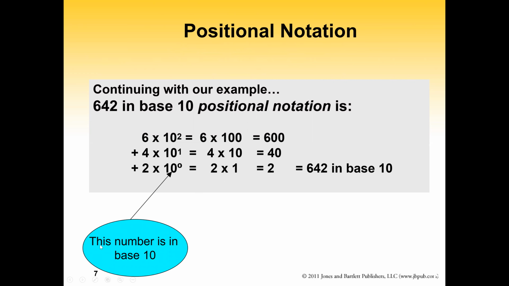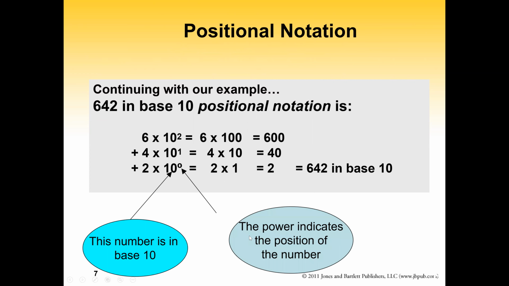Here this number is in base 10, because we have 10 digits. 642 is base 10. So we raise 10 to the power 0 for the first digit. We call the 2 position the least significant bit. That's the lowest bit. The highest bit here will be 6. So 6 will be the most significant bit.